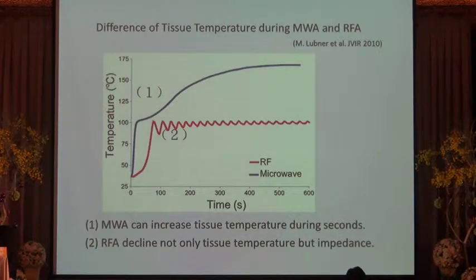And this is a very informative result. You can see here the blue line, the microwave: the tissue temperature rises within a second. However, the radio frequency needs more time, and depending on the radio frequency ablation, the tissue temperature is almost less than 100.